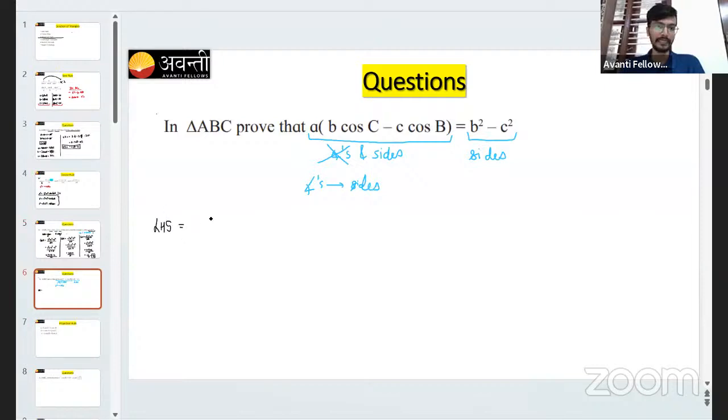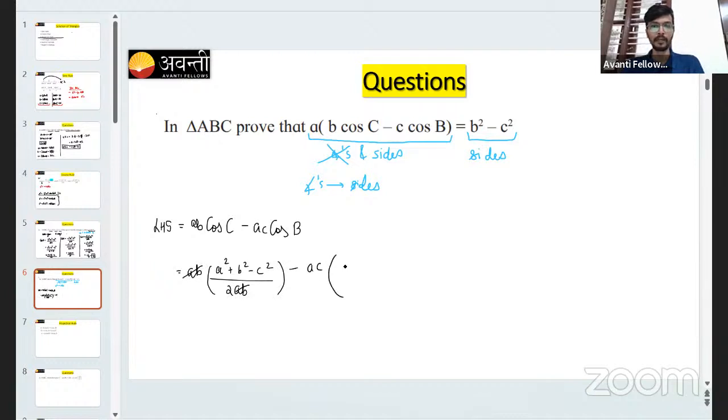cosine rule on LHS. First I'll open the bracket. I'll get AB cos C minus AC cos B. That means I'll get AB cos C; what was cos C? A square plus B square minus C square upon 2AB. AB and AB cancel.